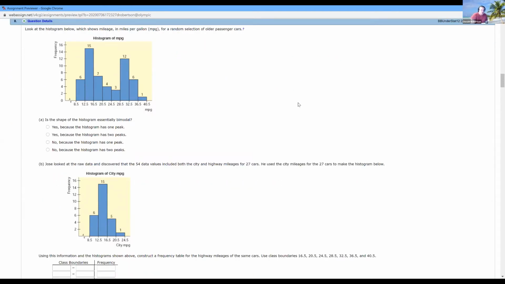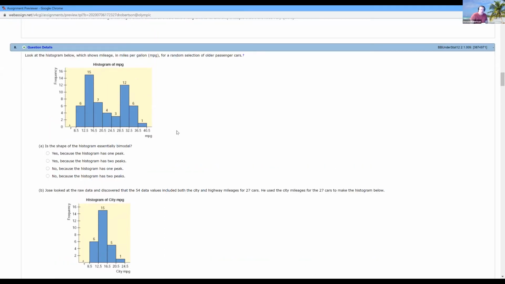And what you've got here is someone who's broken my rule of doing weird intervals. Would you agree that 20.5 to 24.5 is just one ugly interval grouping?